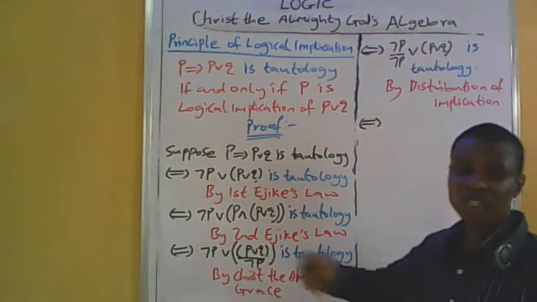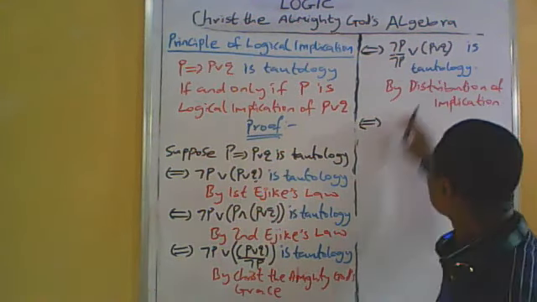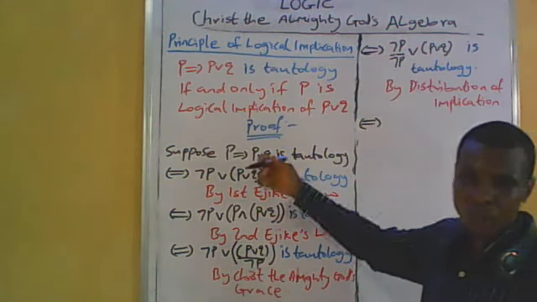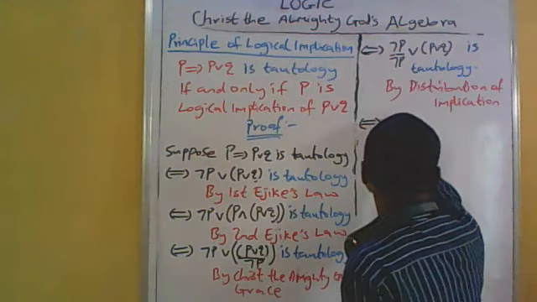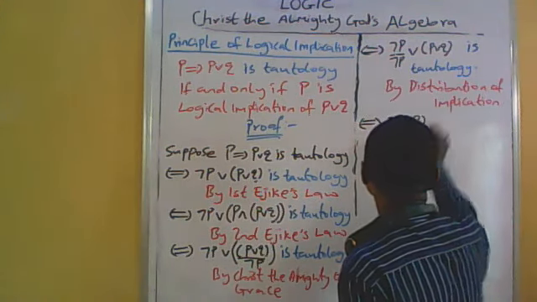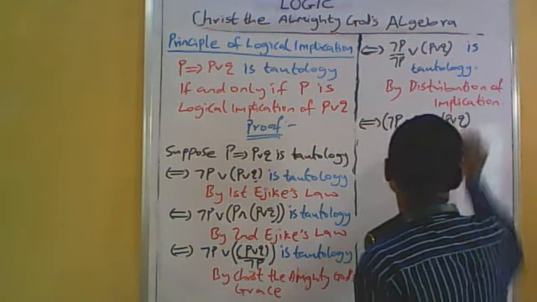So when I revise it, it is also going to be a conjunctive statement. That means we are going to have not P and P or bracket P or Q.